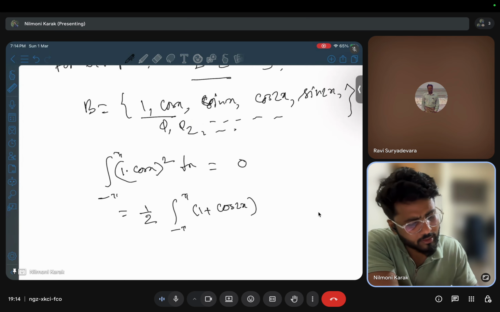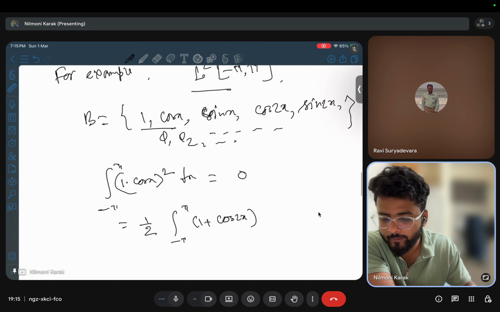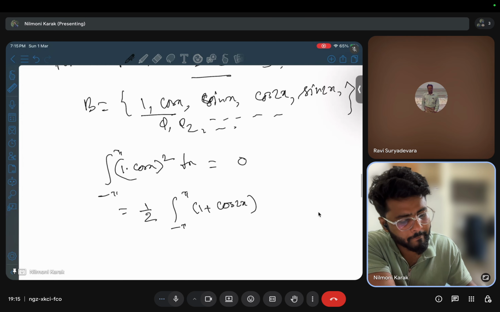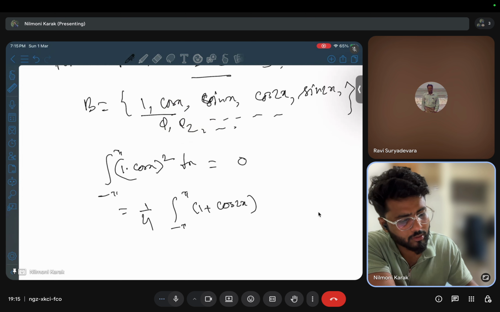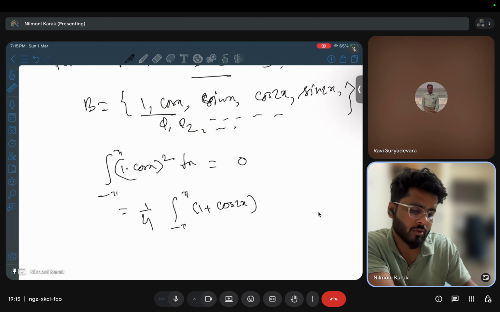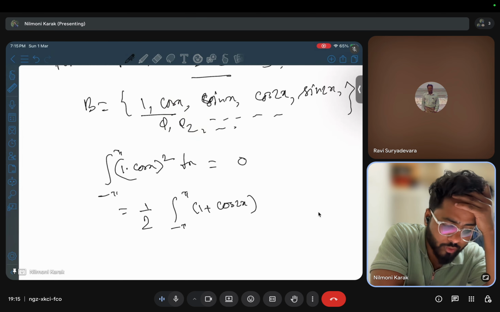Is it correct? So half times 2, this is 4, that is okay, no problem. But 2 cos square x means 1 plus cos 2x, right?